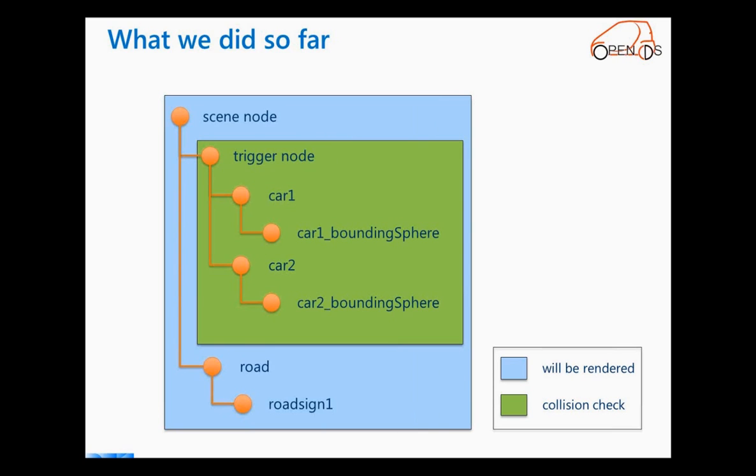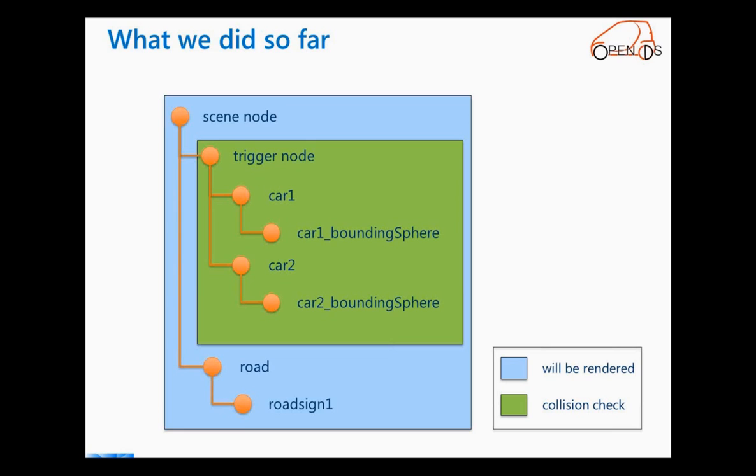Now the cars are still contained in the scene node. That means the cars are still visible and will be rendered. However, now the cars, including the bounding spheres, are contained in the trigger node, which means they will be checked for collision. So this is quite vital to have the task fulfilled.